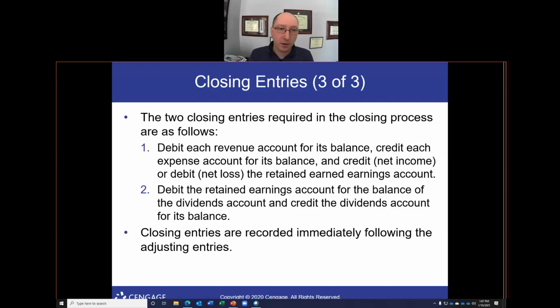What you're doing is reducing those accounts, but you do it for the full amounts, and that's what zeroes them out. And then what that does is it transfers the revenue and the expenses to retained earnings.